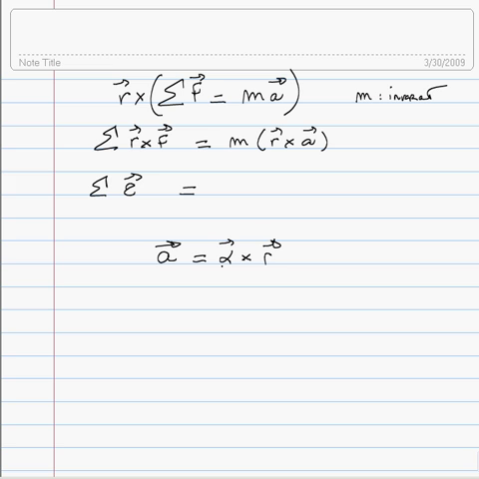And remember that the order is important. So let's plug this into my little a. And let's see what happens. I have m times r cross, and let's make sure that we keep the order, because remember for cross product it's important. Bang! So now you have a double cross product.